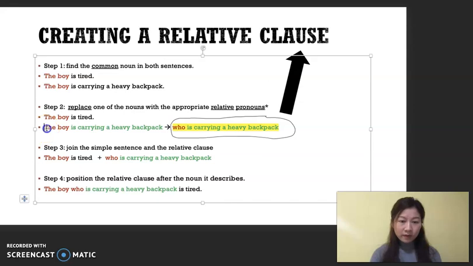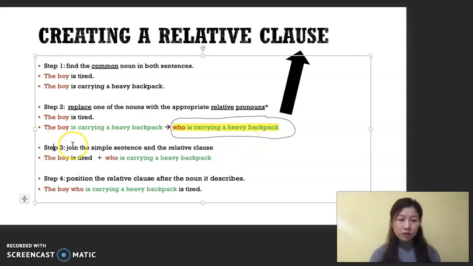The boy here, the appropriate relative pronoun would be who. Who is used to refer to a person. So we have now changed this second sentence into a relative clause. Who is carrying a heavy backpack is a relative clause.